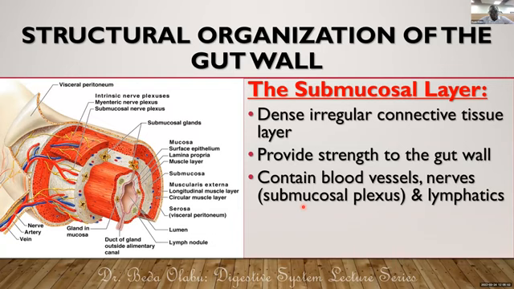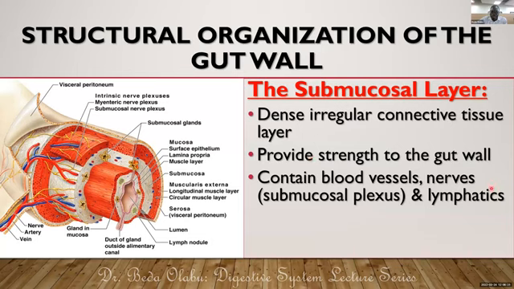And then there's another one, which is usually found within the muscular layer. That one controls peristalsis, as you're going to see. So the one found within the submucosa is the submucosal nerve plexus, which controls GIT secretions. And these secretions can be endocrine as well as exocrine secretions.